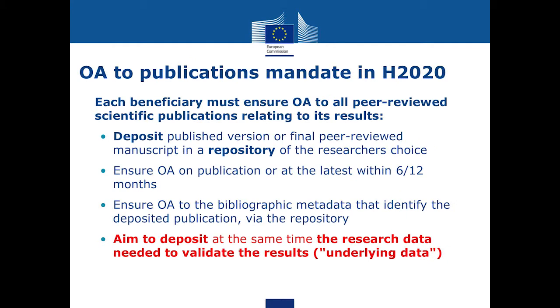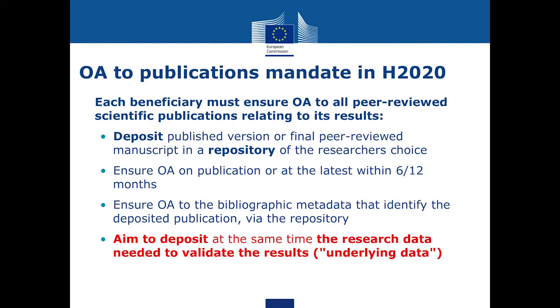The publications mandate in Horizon 2020 means that each beneficiary must ensure open access to all peer-reviewed publications produced as a result of the research in the project. They must deposit the published version or final peer-reviewed version in a repository, and ensure open access to these publications. There is an embargo period of 6 months, 12 months for social sciences and humanities.